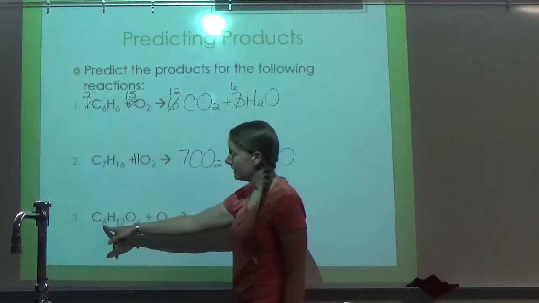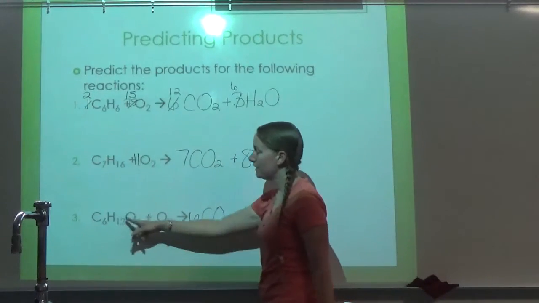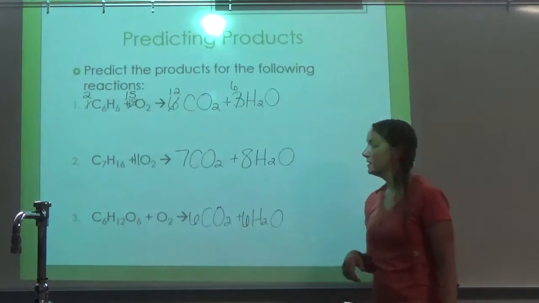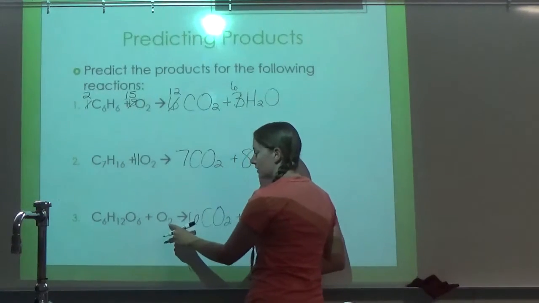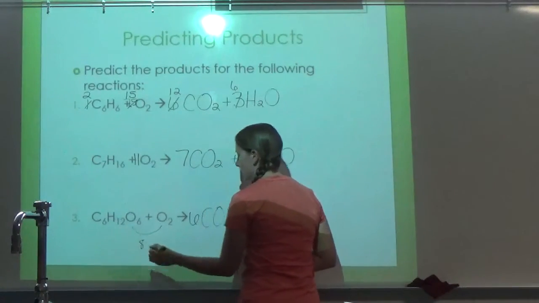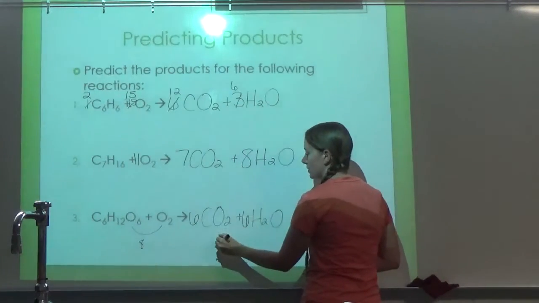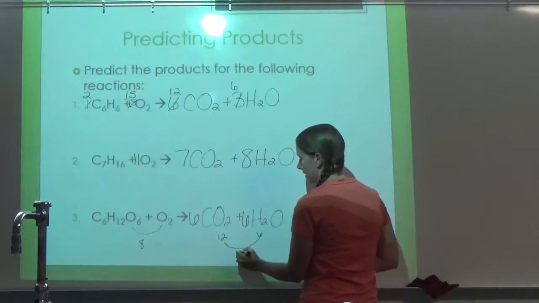So I have 6 carbons and 1 here, so I'll put 6. I have 12 hydrogens and 2 here, so I'll put 6. Now oxygen. On this side, I have 6 plus 2, which is 8. On this side, I have 6 times 2, which is 12, and I have 6 more, which is 18.